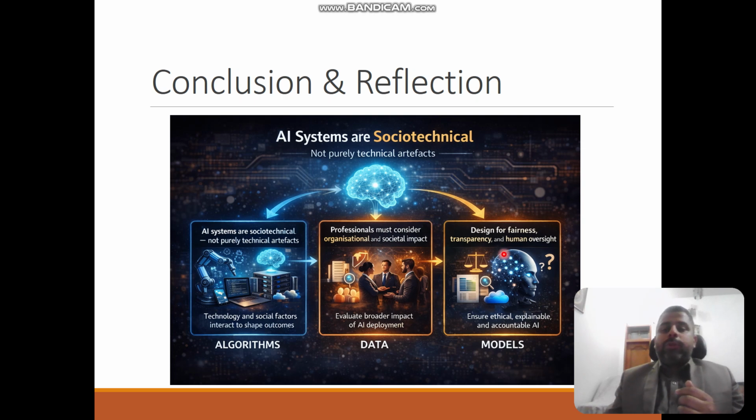Models should be designed for fairness, transparency, and human oversight. Whenever we are thinking of AI, we shouldn't only focus on big words like neural network models or accuracy. We should also see the data it is trained on, whether it contains bias, whether it is fair, and whether it encompasses the social or organizational aspect as well.